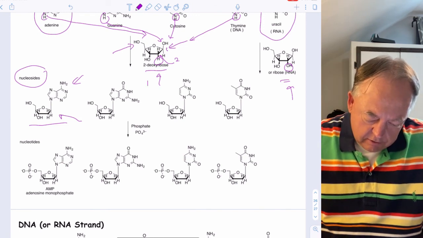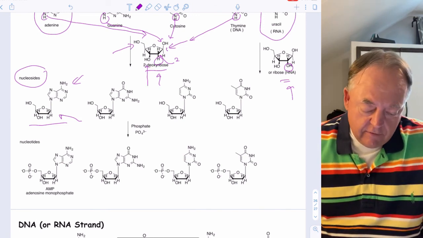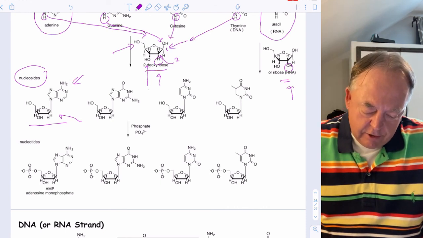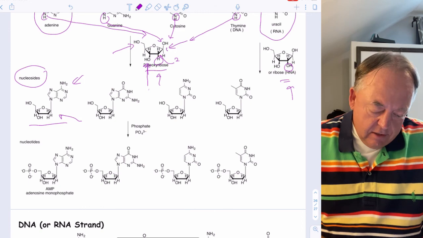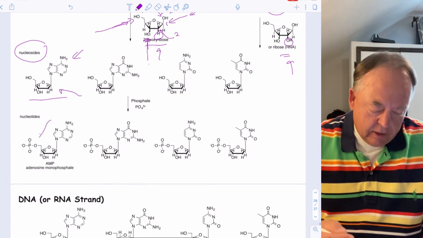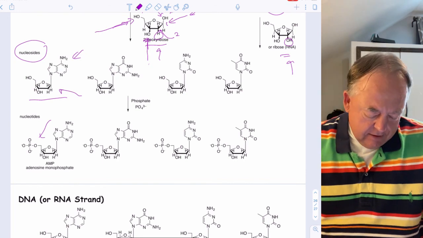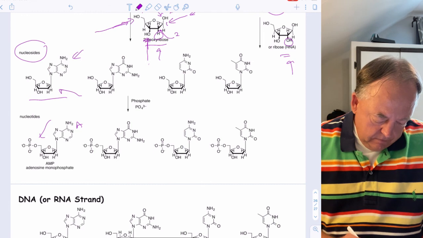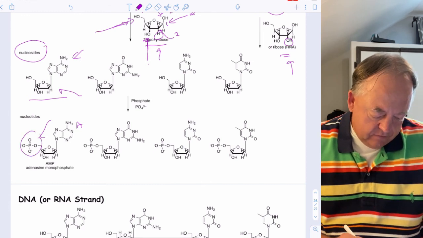Or as we'll see, if we're talking about growing a strand of RNA or DNA, then you're going to be phosphorylating it here. But if you phosphorylate it there, then you have what are known as nucleotides. So that's adenosine, so A, and then that's the monophosphate, right?